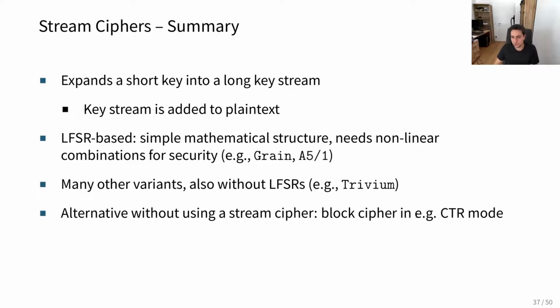Because what you essentially do with a block cipher in counter mode is generate a very long key stream from a single key, and this key stream is then also added to a plaintext, for example, or to a ciphertext in order to decrypt. So this is essentially a stream cipher which is built using a mode, the counter mode, together with some block cipher. Okay, are there any questions to that?